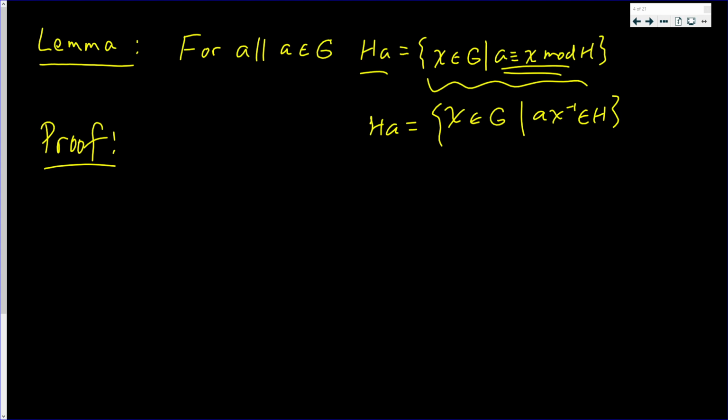And to make life a little bit easier, I'm going to give a name to this set. It's a with square brackets. That way I don't have to keep writing this out.